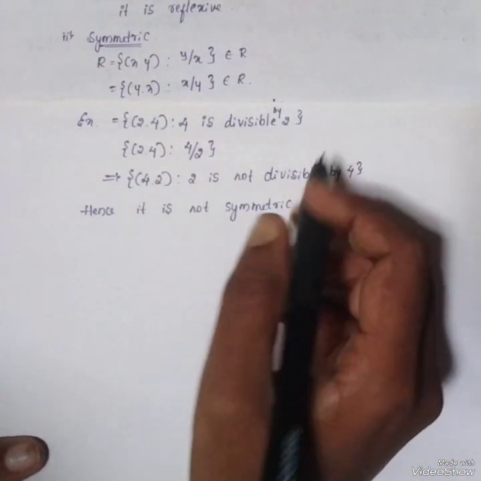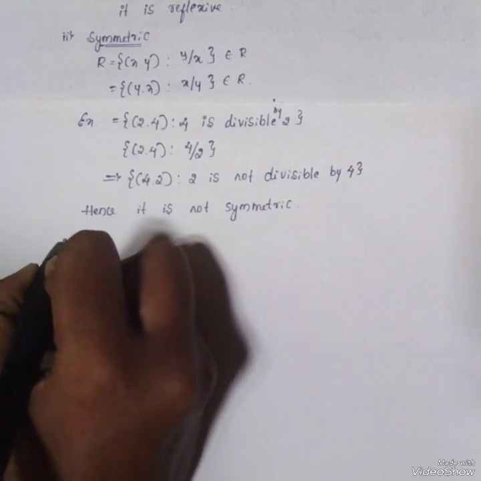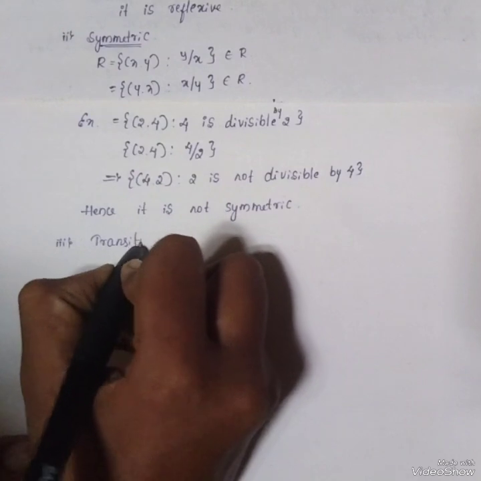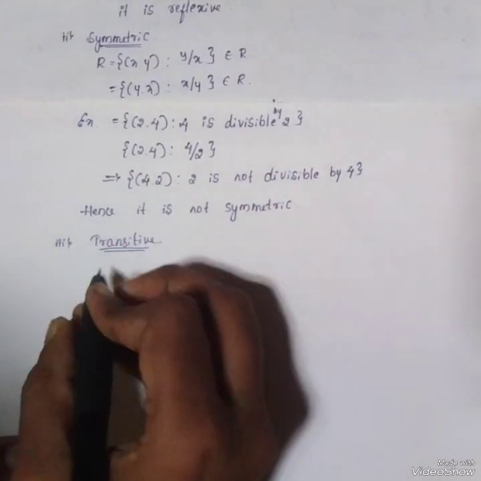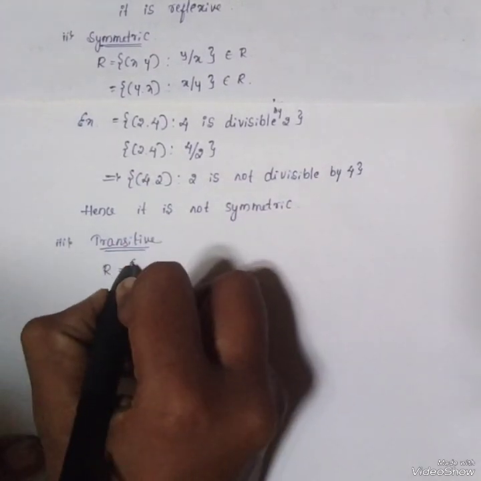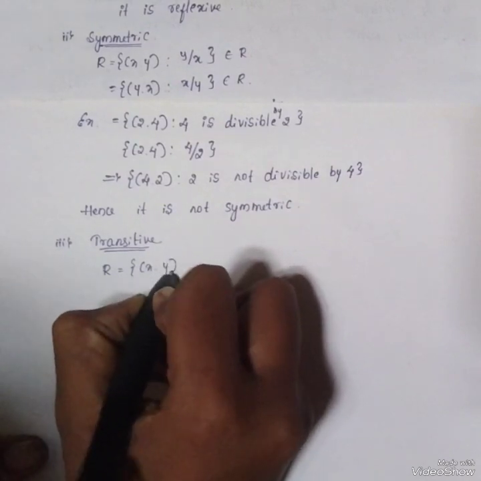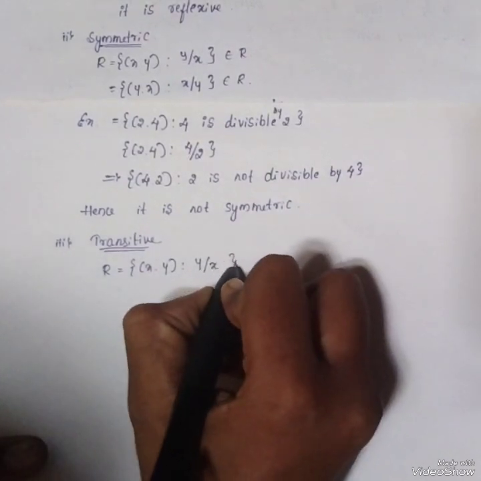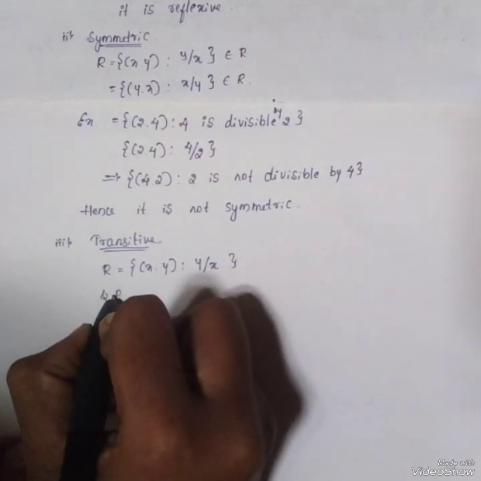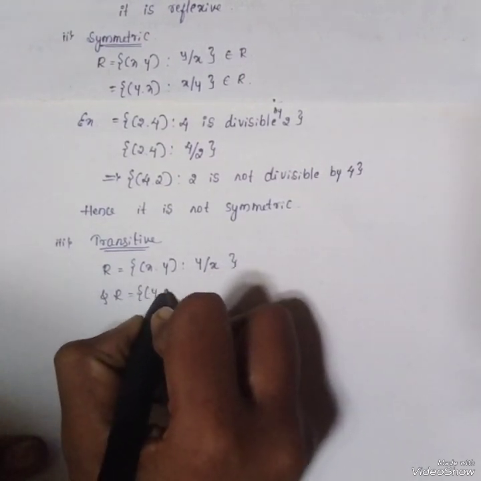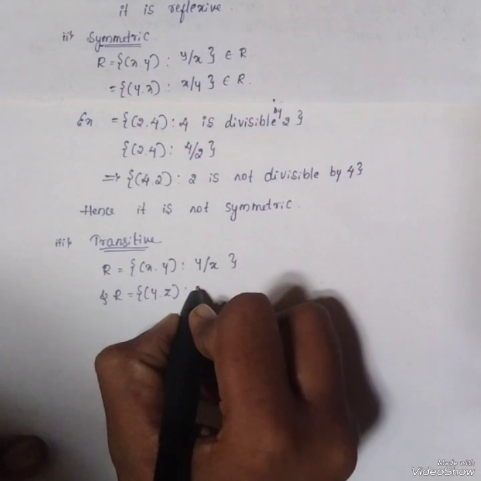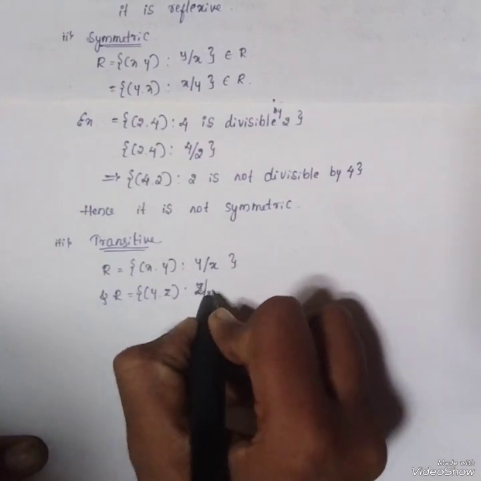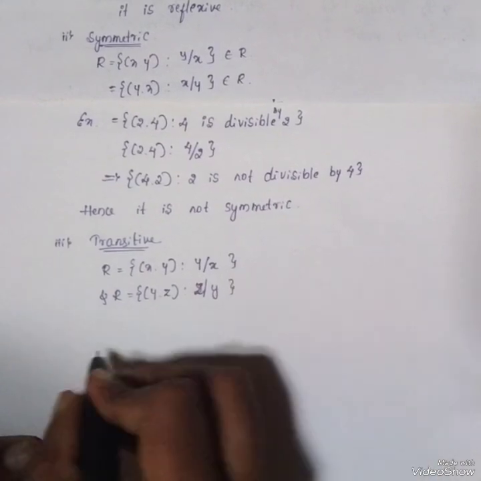Then the third condition, transitive. Here the relation R, x comma y such that y is divisible by x, and the relation y comma z such that z is divisible by y.